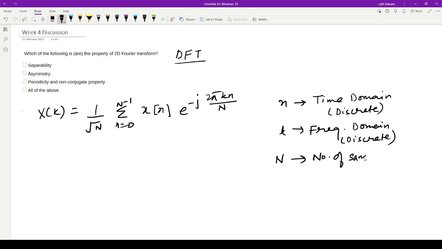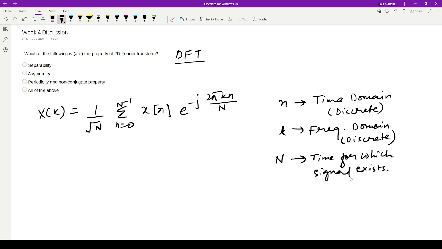the number of samples, or rather, I can write it another way: the time for which the signal exists. Beyond N, you assume that it's zero.